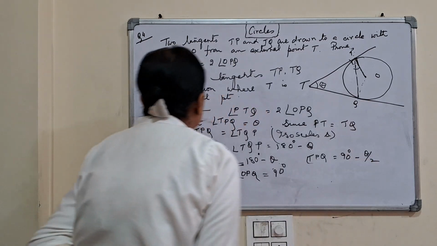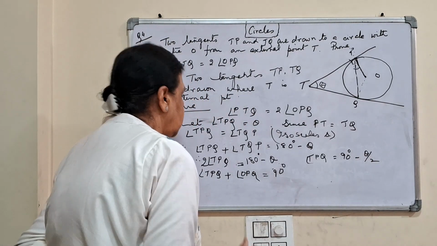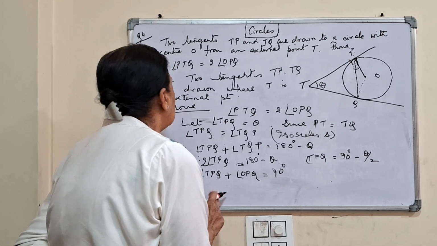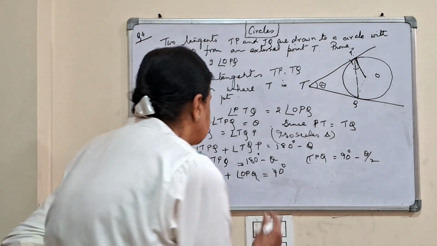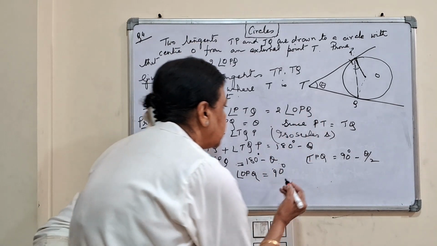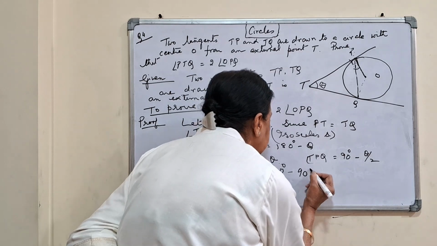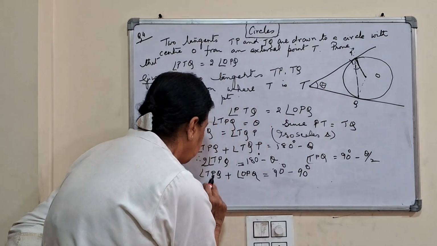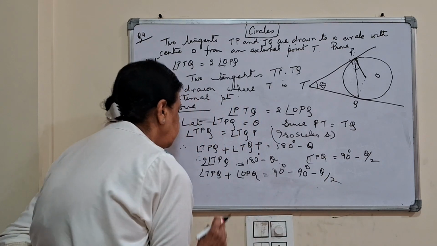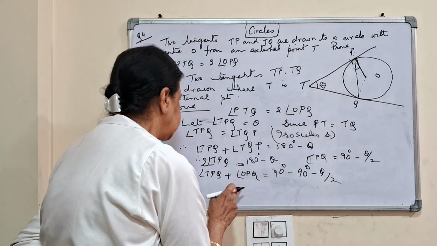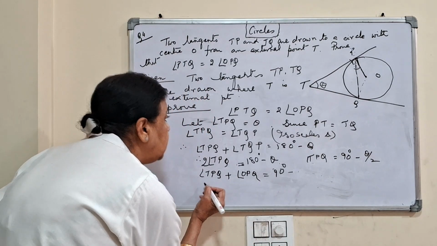We have to prove that PTQ, theta, is related to this. TPQ is 90 minus theta by 2. The sum of these two is 90.